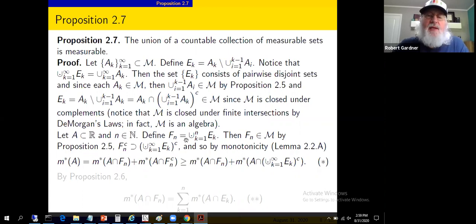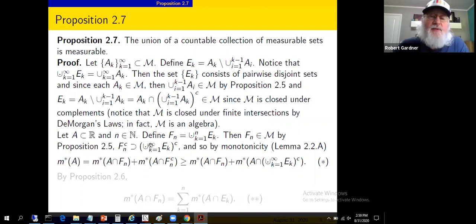Since F sub N equals the union from 1 to N of the E sub k's by definition, this is a subset, if you like, of the union from 1 to infinity. If instead of stopping at N, we took a union from k equals 1 to infinity of the E sub k's, that'd be a bigger set, a set that includes this set. So we'd have F sub N as a subset of that bigger set. Here's that bigger set right here.